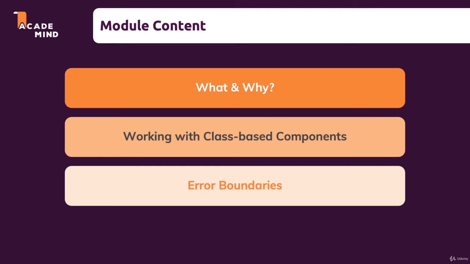That being said, you will not build a lot of error boundaries. But still, this module holds important information about React's past, about an alternative way of building components, and most importantly, of course, why that way exists and how it works.